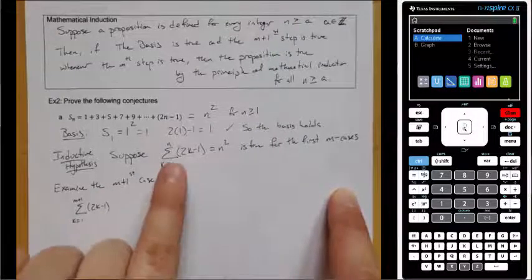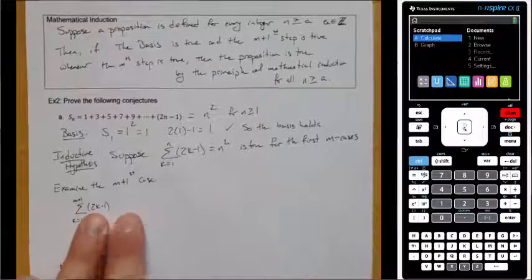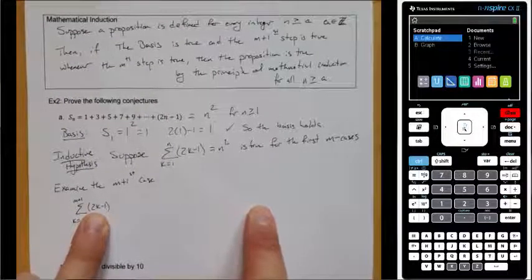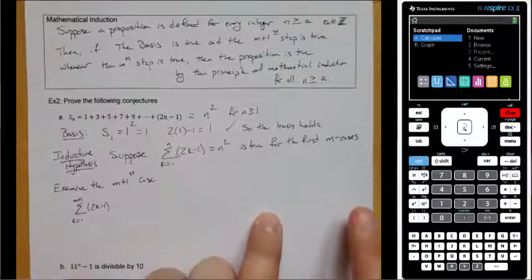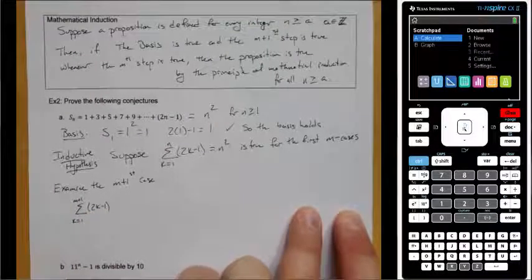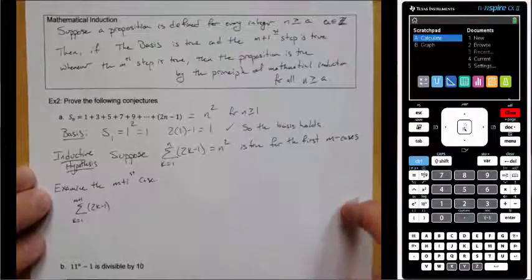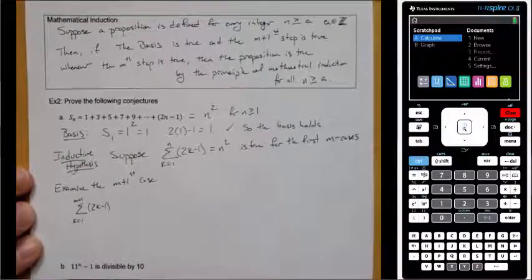So we're going to start on the left side, show some steps, show some algebra along the way, and then end with equals m plus 1 squared. That's what we want to do. It's not that bad. Here are some common things we're going to see.